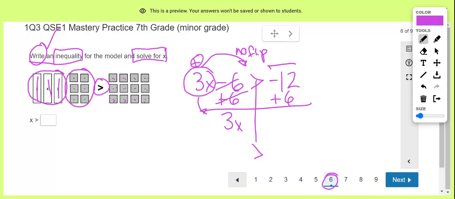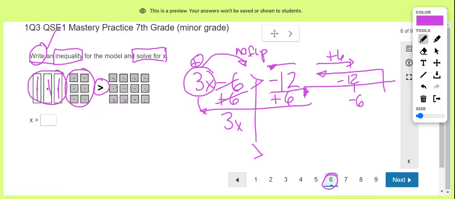On the number line, these are negative 12 and then positive 6. If we go negative 12 and then turn around and go positive 6, we're going to stop here at negative 6.